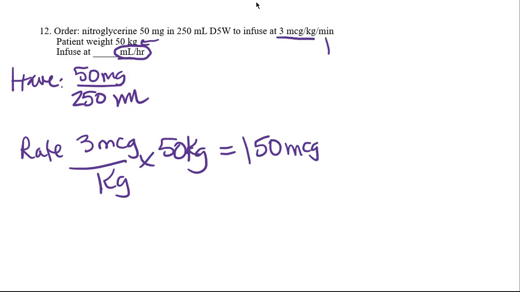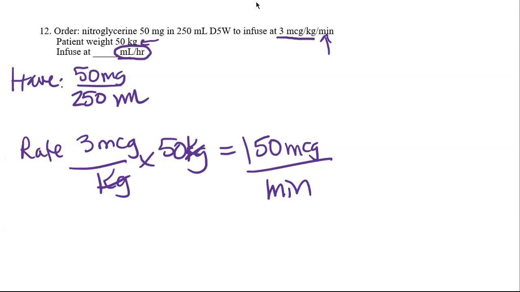And now we get the minutes back, per minute. We got rid of kilograms because we figured out how much we're giving here. So we're giving 150 micrograms per minute, and we still have some work to do on that because we need to get milliliters per hour.